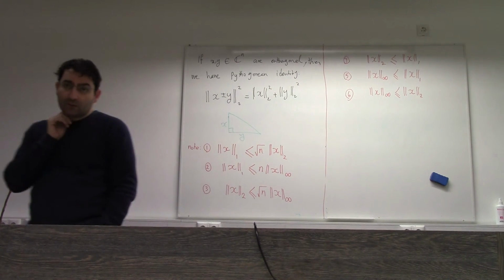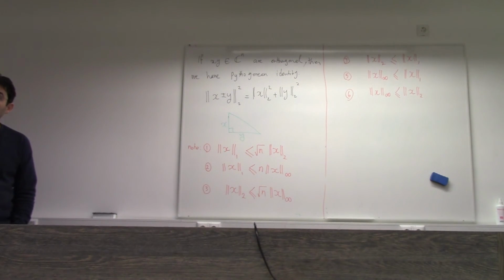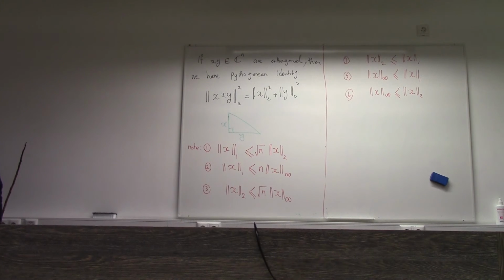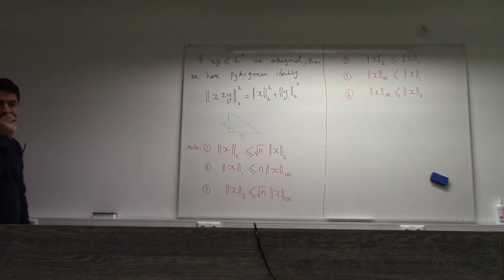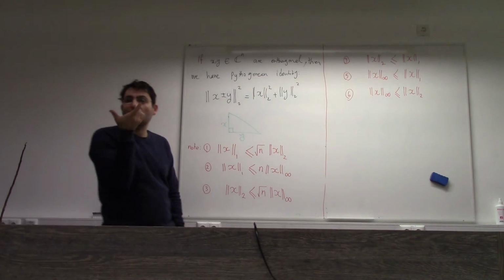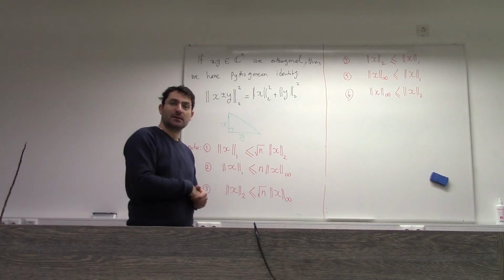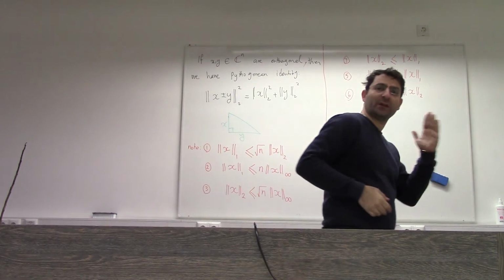So then the infinity norm is the least of all norms? Yeah, it's so small because it only gives you one of the elements. The other ones give you some kind of addition of the elements. Like in norm 1, you have the addition of all the elements.